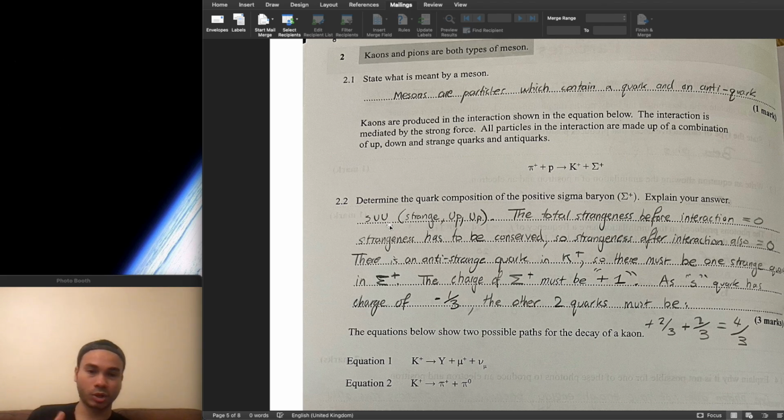It could be charm, as in SCC, but in this particular case, we are always going to be looking at the lighter quarks. And if you look at the composition of the proton, it has up quarks, so it's more likely to be made up of up quarks than the heavier quarks with a +2/3 charge.